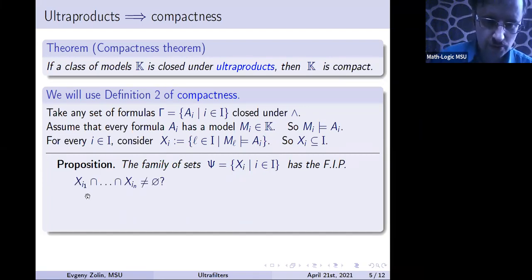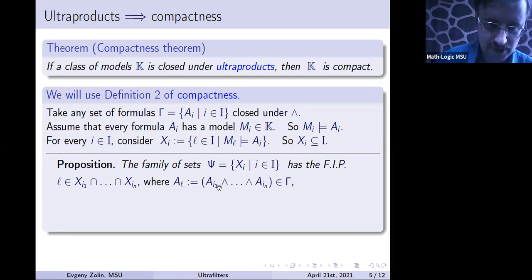So we take finitely many sets, Xi1, ..., Xin. Why is it non-empty? We need to give an example of an element of this set. This will be the following element L. Each set corresponds to some formula AI.